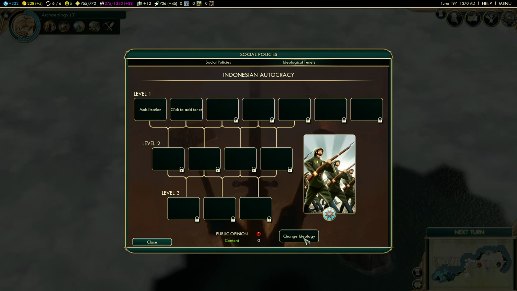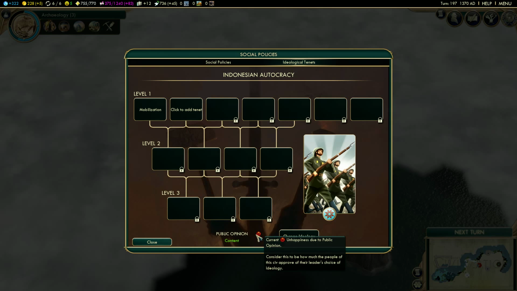And even if you do, it might not save you because it means that you have invested too little of your resources into happiness and culture and tourism. And that probably isn't a good thing.